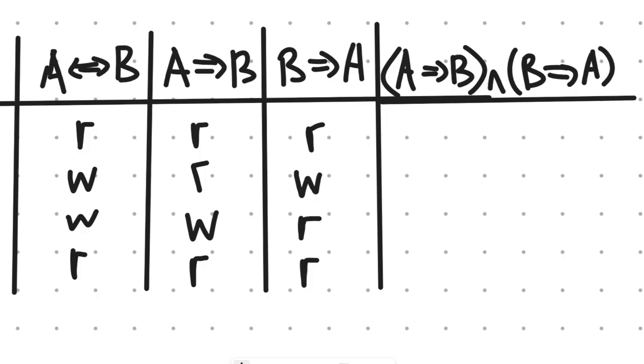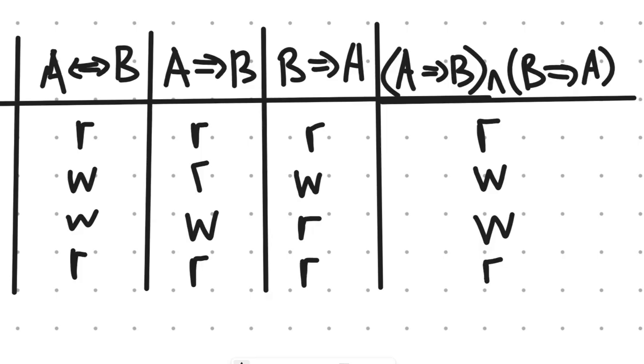So we can see on the first space here, we see both of them are right. So it's right. And then we have right, wrong. So one is wrong, so it should be wrong, since one is wrong. And the second one too, the first one is wrong. The implication A to B is wrong, so everything is wrong. And the last one, right goes to right and right goes to right, so it's right.